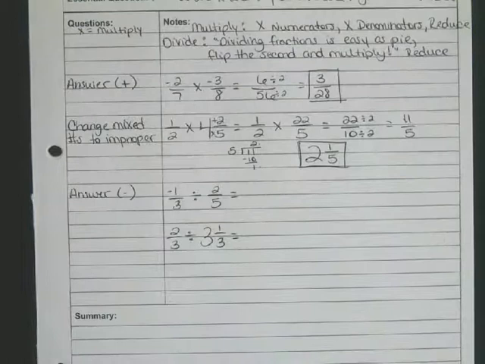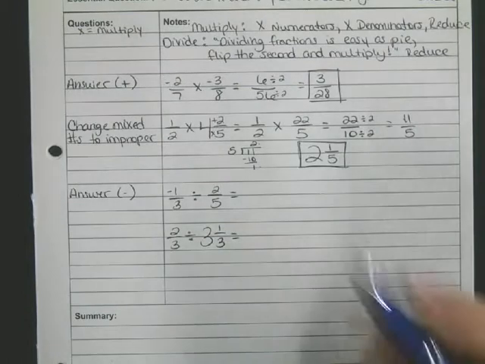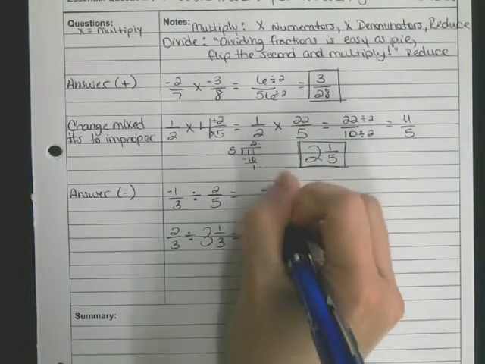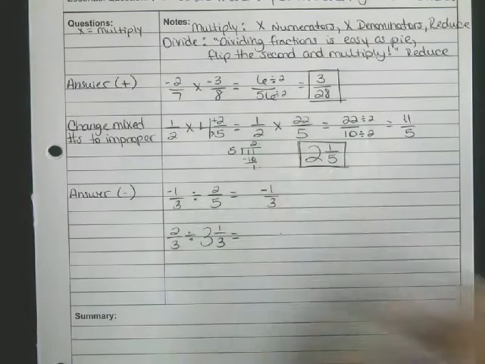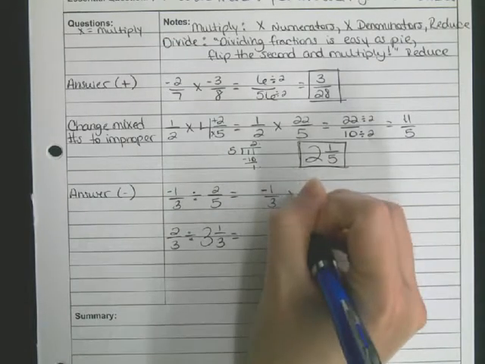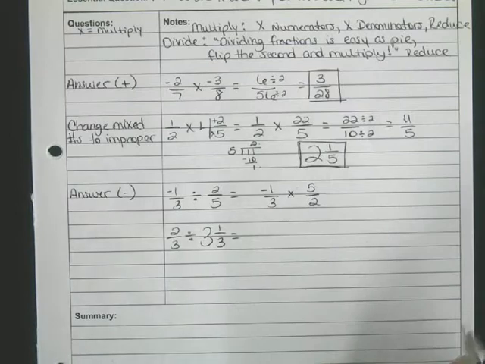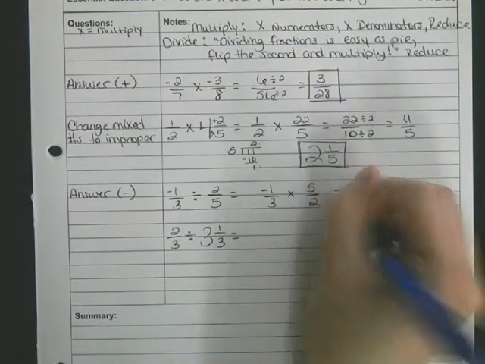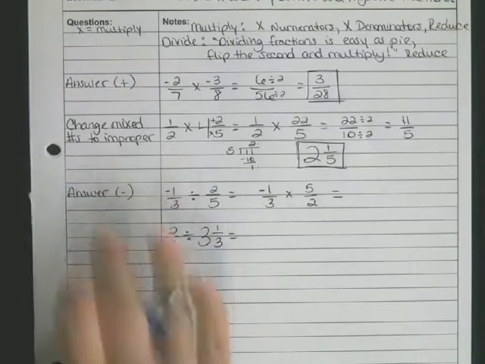Now, whenever I divide fractions, I have to flip the second. So that means I'm going to leave this the way it is, and I'm going to change 2 over 5 to 5 over 2, and then I'm going to multiply instead of divide. So I have negative 1 over 3 times 5 over 2, and again, keep in mind our answer will be negative.